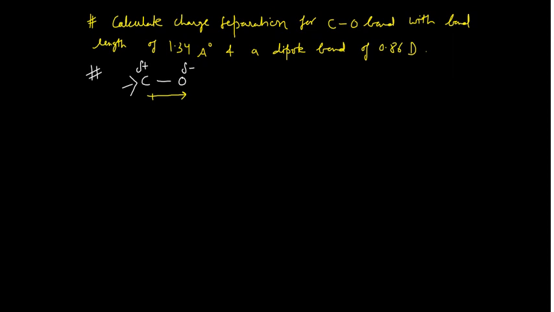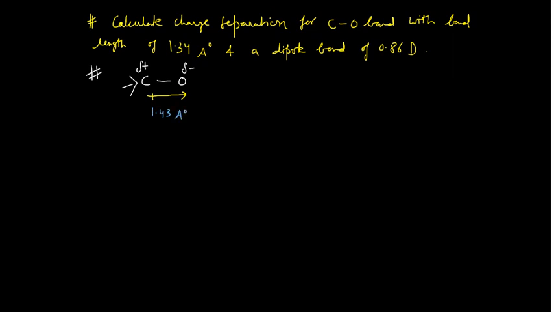So please remember this point. Whenever you draw the vector for the dipole moment, the more electronegative atom will have the head towards itself and the tail towards the less electronegative atom, which is carbon in that case. The bond length is also given, guys, and that bond length is 1.43 angstrom.